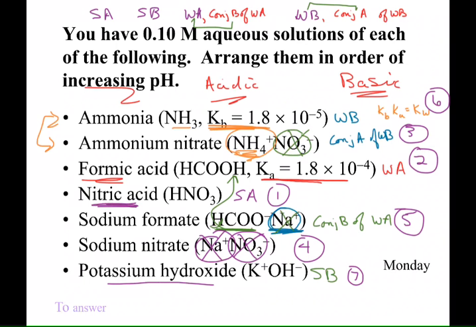If I was going to do this, I would first dissect what each one is, and then go from there. So in other words, the order went like this: strong acid, then weak acid, then conjugate acid of weak base, then neutral, then conjugate base of weak acid, then weak base, and then strong base.